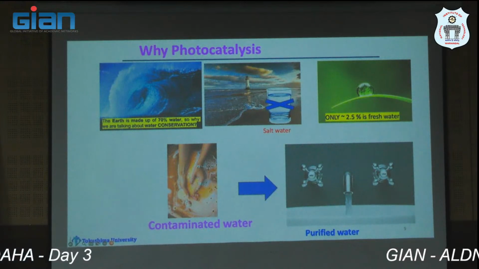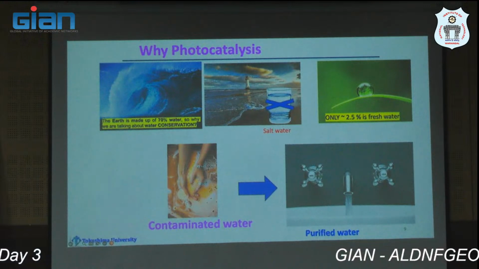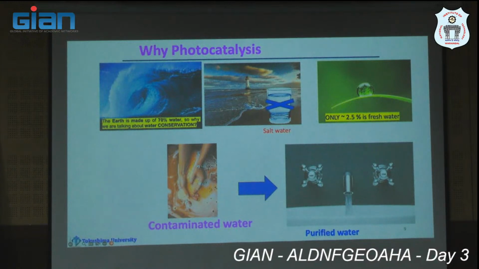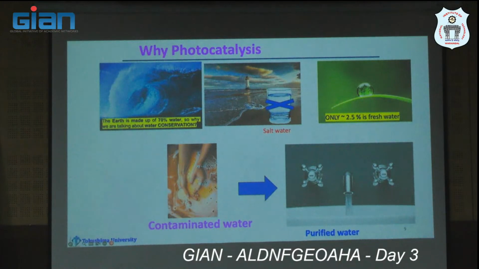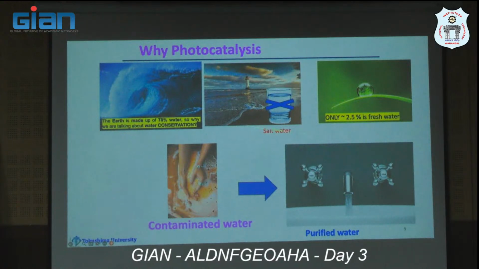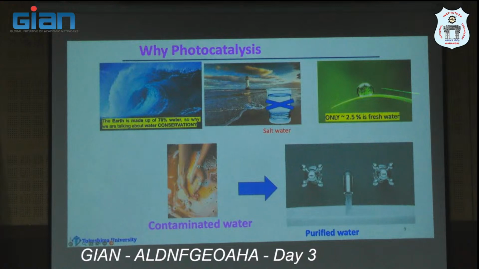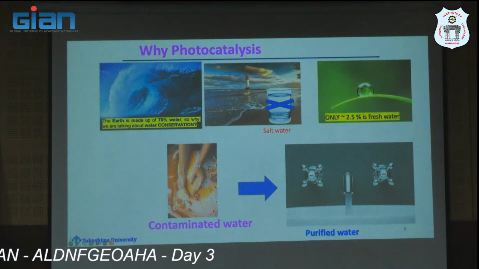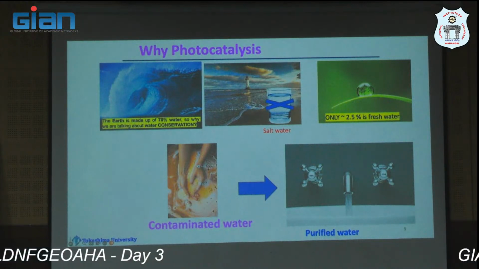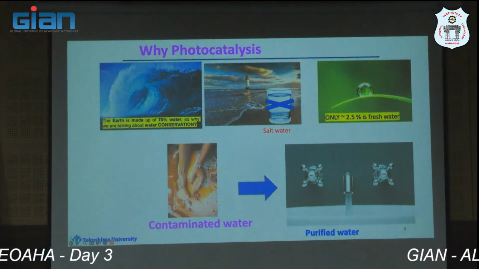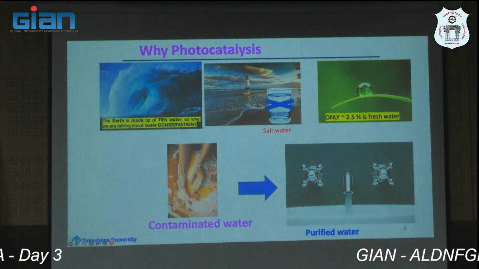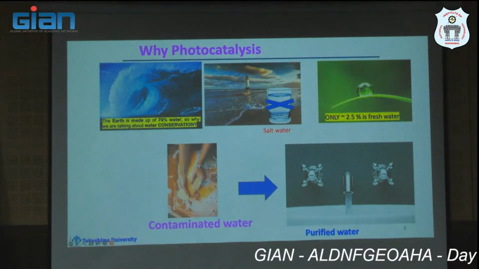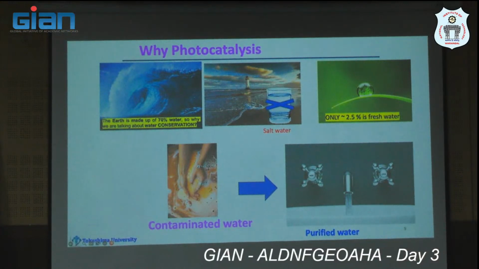Organic pollutant means some organic material, carbon or hydrogen based material. When clean water is used for cleaning purposes, it gets contaminated, meaning some organic pollutants come into the water. In regular language, you can say it is dirty water, unclear water. Now the question is how to clean this water and reuse it.